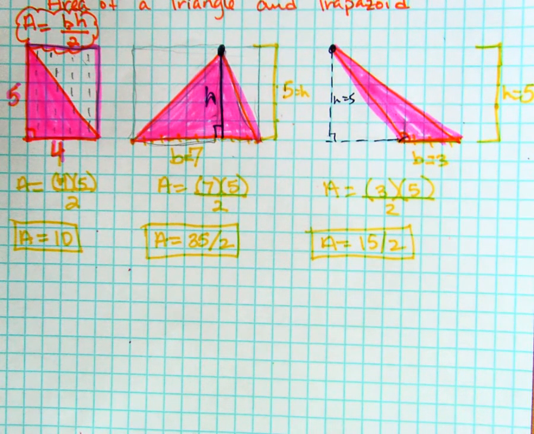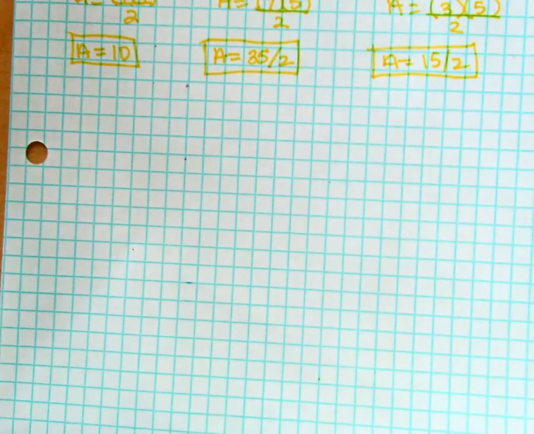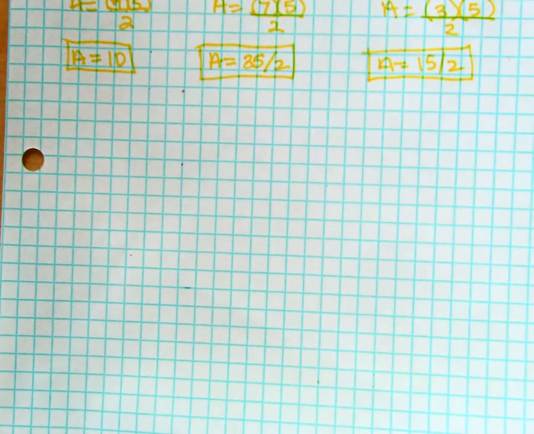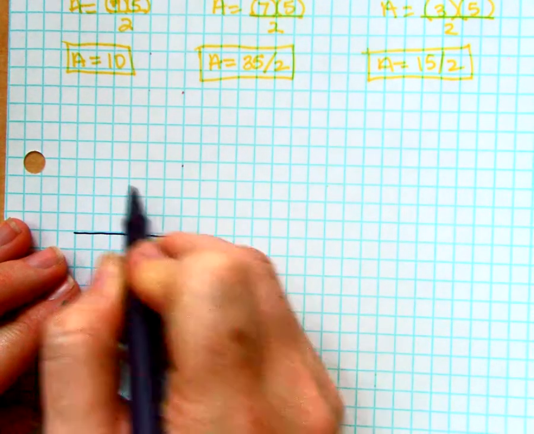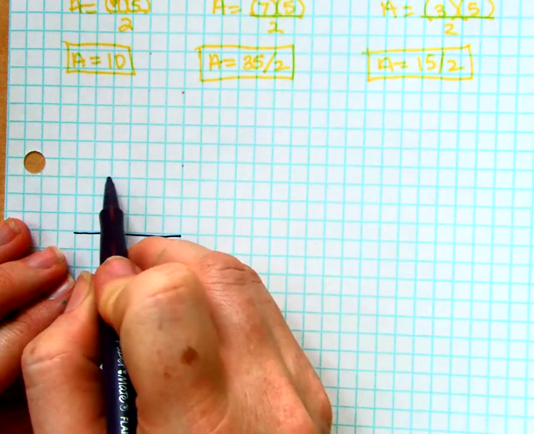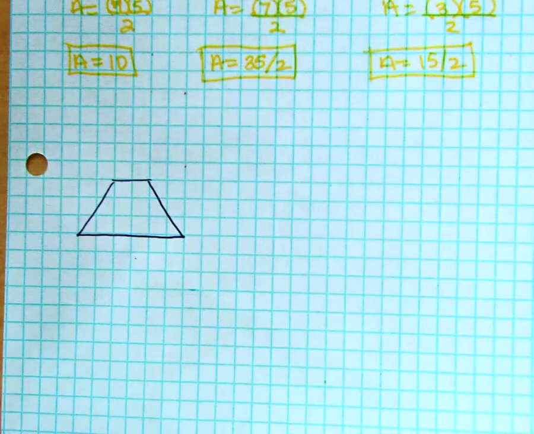All right, following the area of a triangle, we're going to look at the area of a trapezoid. They're sort of together because their formulas are very, very similar. So imagine you have a trapezoid, and it looks something like this, right? And you want to find the area of it.